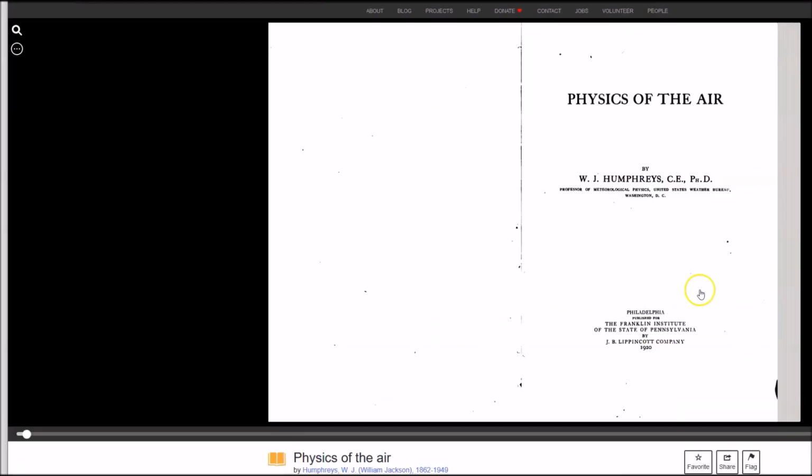I mentioned earlier this book by Humphreys called The Physics of the Air, and it was first published in 1920. This edition dates from the 1960s or something. But it's one of the seminal books on the subject of atmospheric refraction. There's a lot of valuable information in it, and other atmospheric subjects as well. It covers a lot of material.